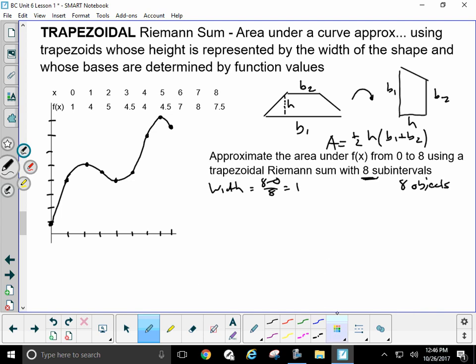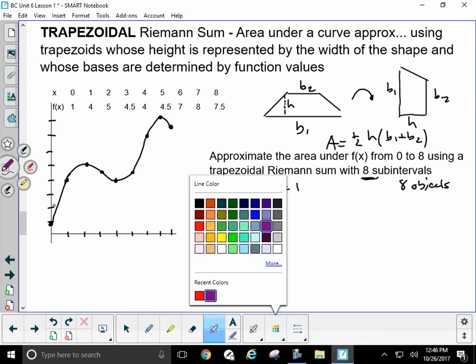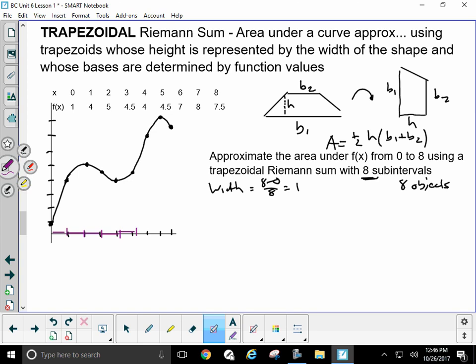Okay? So we can go ahead and put down our width. 0 to 1, 1 to 2, 2 to 3, 3 to 4, 4 to 5, 5 to 6, 6 to 7, 7 to 8.